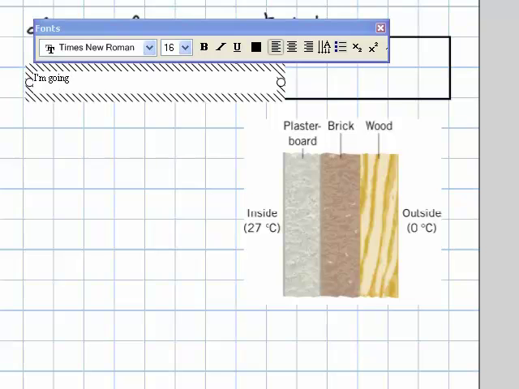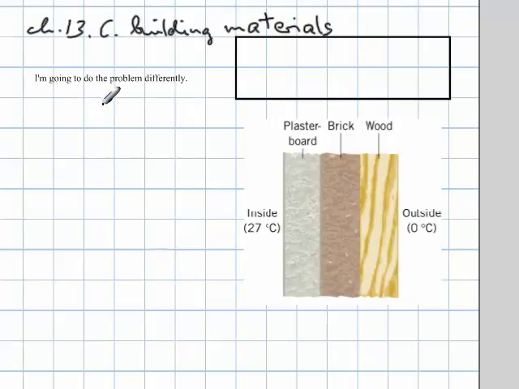So I'm going to do the problem differently, with a different focus. I guess that could be a little bit bigger. There we go. Okay. What I'm going to determine is what is the overall conductivity.